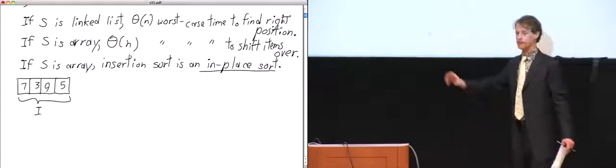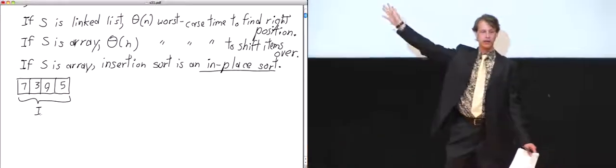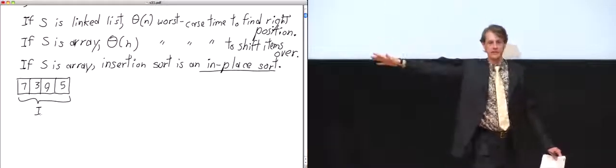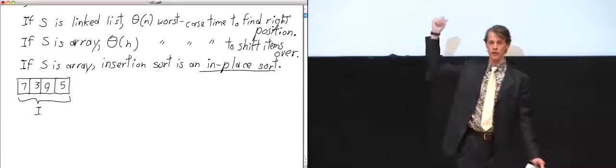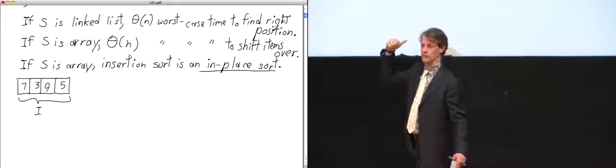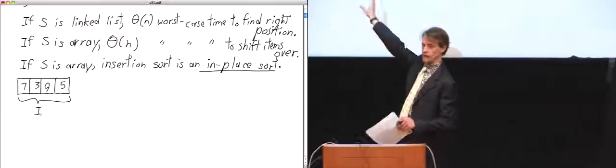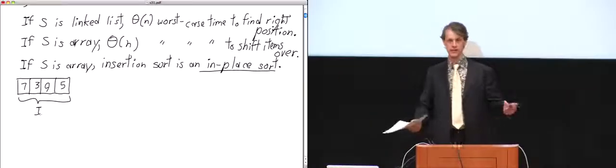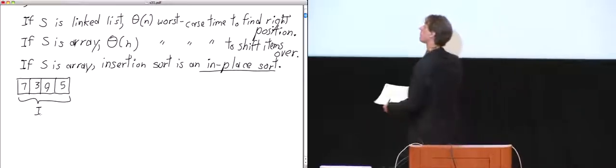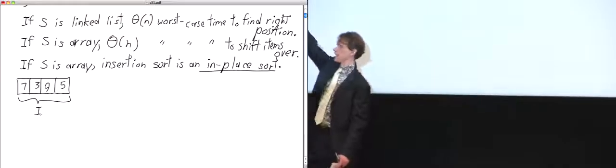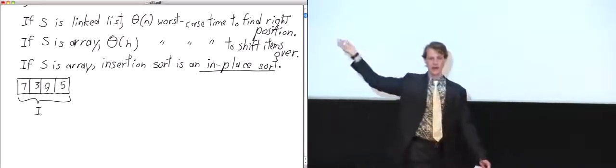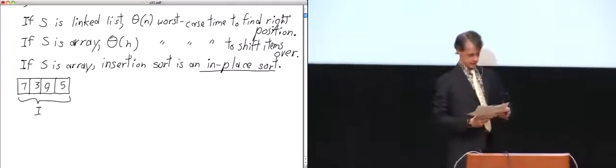Well, what I'm going to do is I'm going to say that I'm going to divide this array into two different pieces. On the left, I'm going to keep the sorted numbers. On the right, I'm going to keep the unsorted numbers. Initially, all the numbers are unsorted and nothing is sorted, but I'm going to take the first item, the 7, and I'm going to say, okay, now that item is sorted.